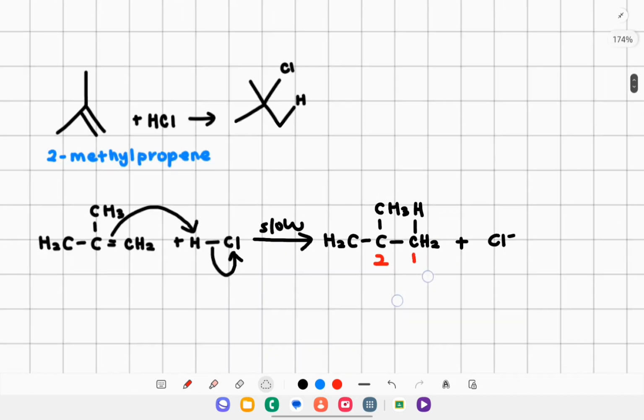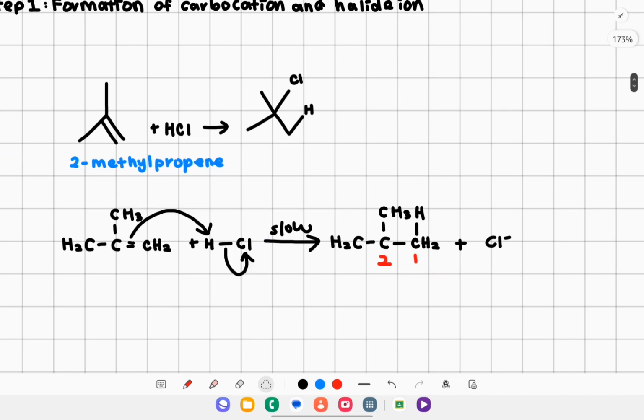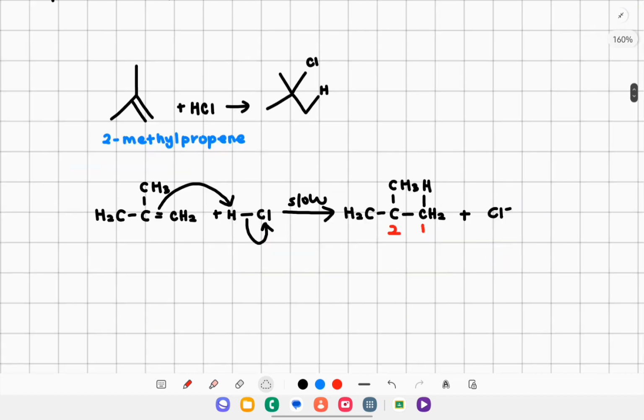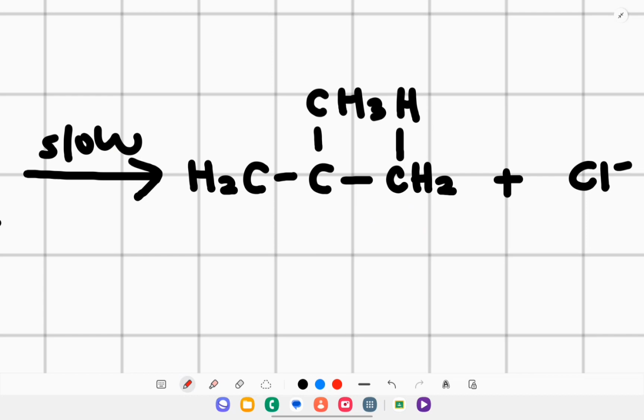What happened to the Cl? It will become Cl⁻ ion. Which is the more stable carbocation, carbon number 1 or carbon number 2? To identify the more stable carbocation, the carbon must have more alkyl groups attached to it.